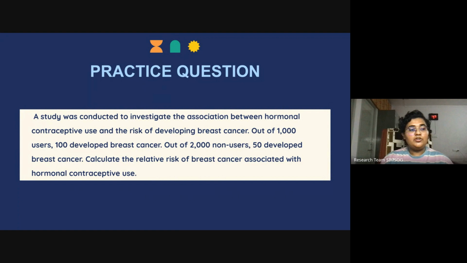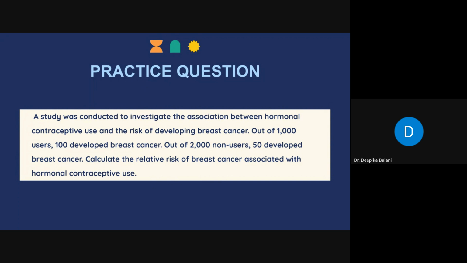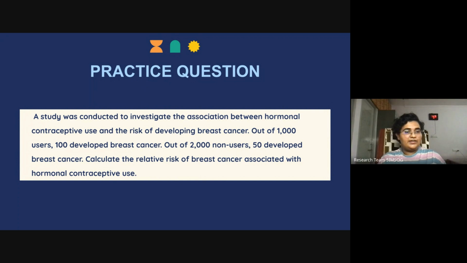So incidence among the users would be 100 upon 1,000, so that will be 0.1. And incidence among the non-users will be 50 upon 2,000, so that will be 0.025. So our relative risk will be 0.1 upon 0.025. So that comes out to 4. So it was just a mathematical error on my end. Okay, no worries. So Ovia has answered correctly that the relative risk is 4.